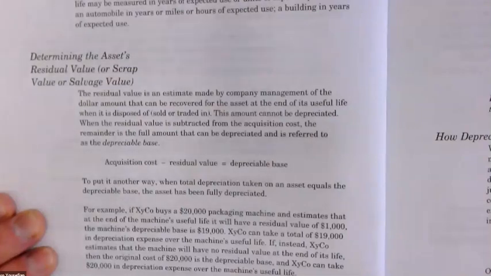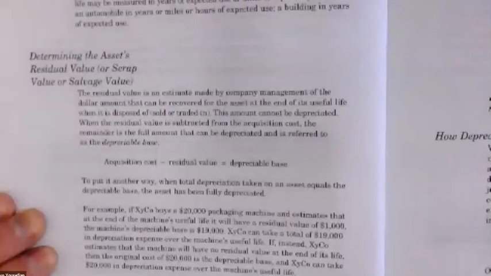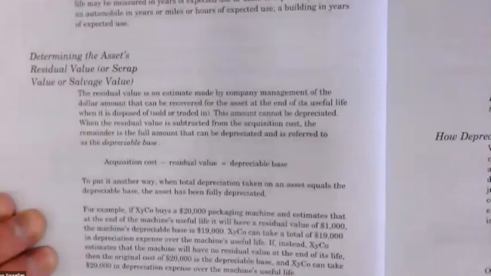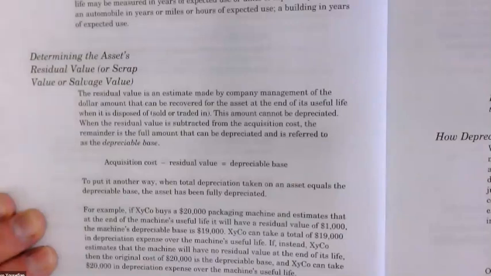So for the balance declining method, you do not need residual value at the beginning of your calculation, but you need the residual value at the end of useful life, because in the last year of useful life, you need to be very careful not to depreciate too much, because you cannot go below the residual value.